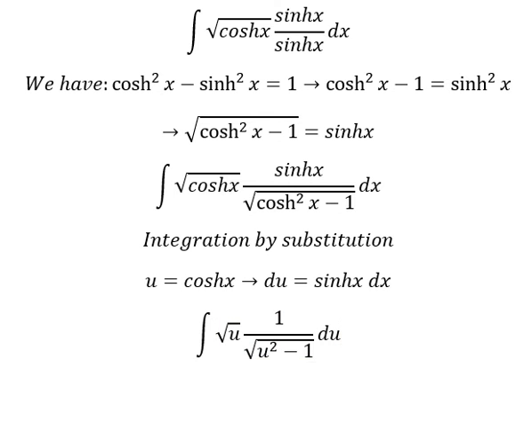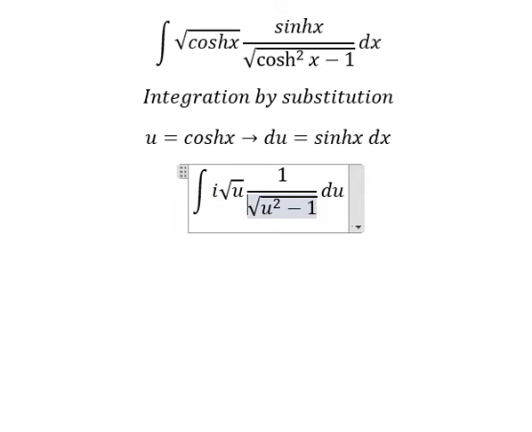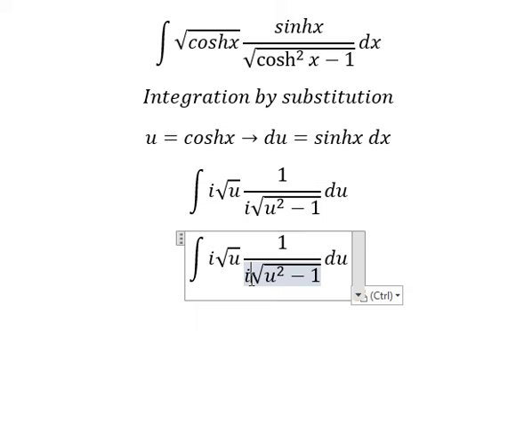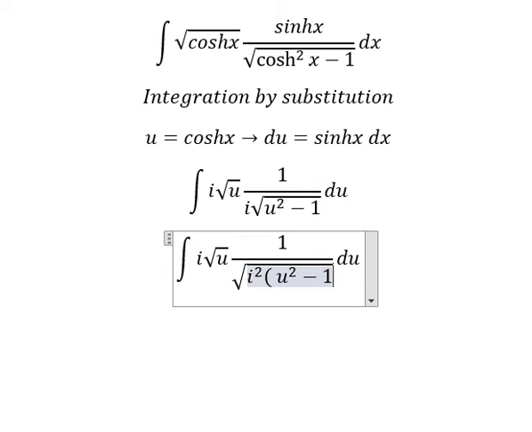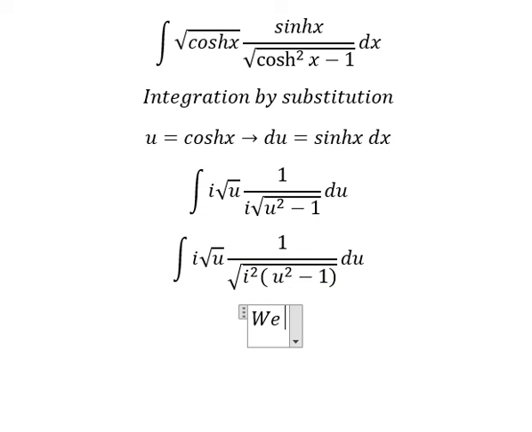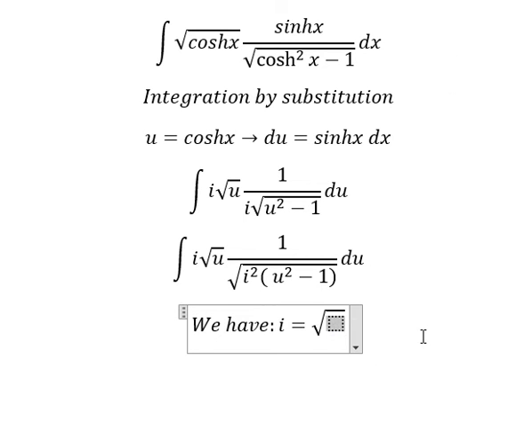Now we can put i on the numerator and denominator. So we know that i will go inside the square root and we have i squared. This is the complex unit, so we have i equals the square root of negative number 1.